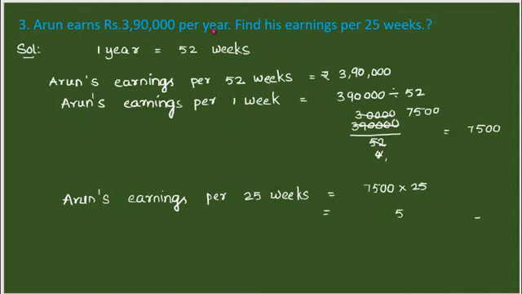So 12 is the carry forward. 25 7s are 175. 175 plus 12, 187. And 2 zeros as usual. So we get here 1,87,500. Now you can put commas. So this is the solution, children.